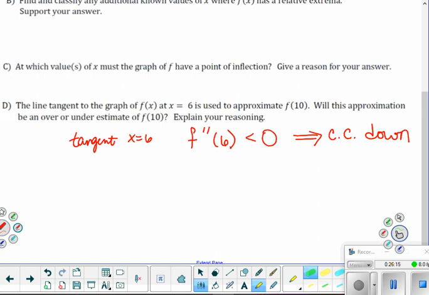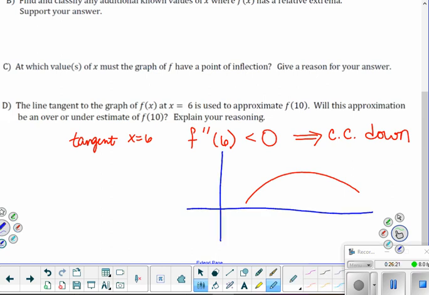And if I'm concave down, it'd be something like that. Here's 6, here's 10. So here I have the location of 6, and here I have a location of 10. Now, draw in your tangent line at 6. This is your tangent at x equals 6. And since I'm concave down, oh, look at the overestimation going on.